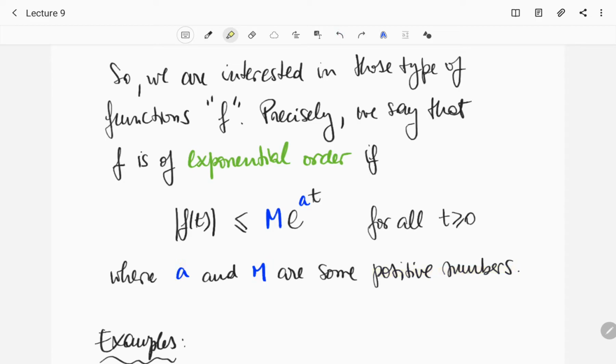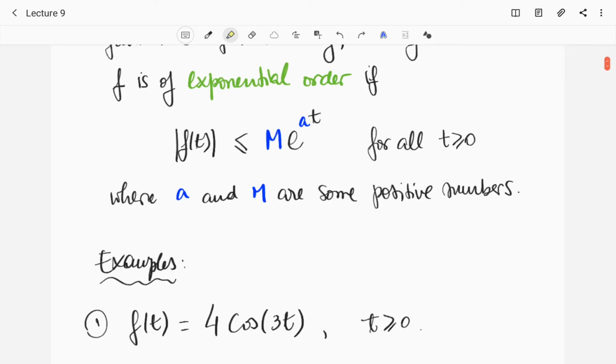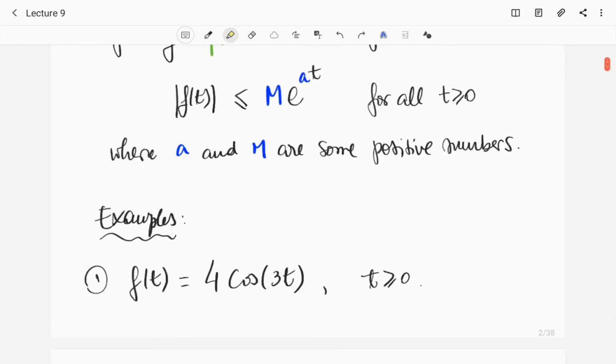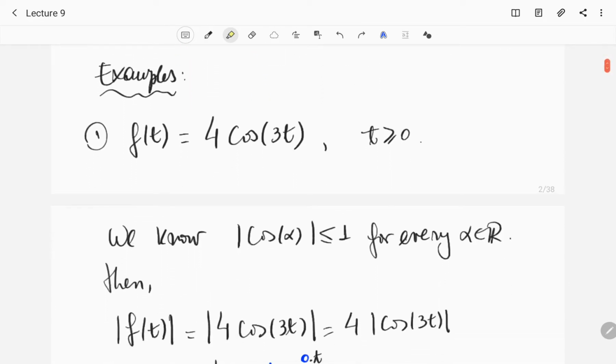So basically our function would be of exponential order when we can estimate its absolute value from above by an exponential function, with these guys positive. And this estimate we have it uniformly in t, which means for every t greater or equal than 0.